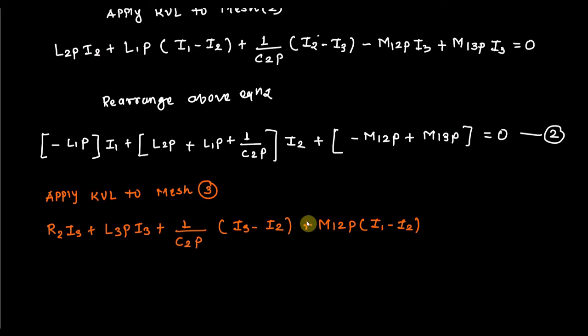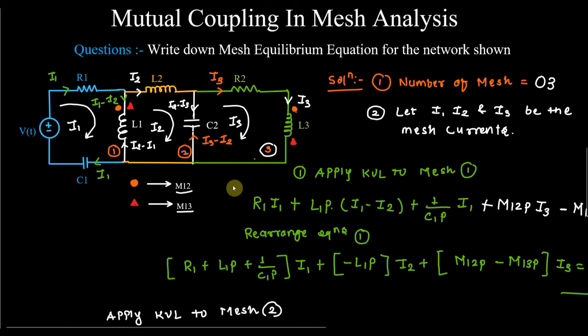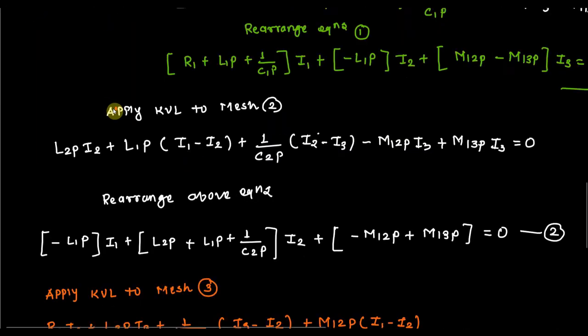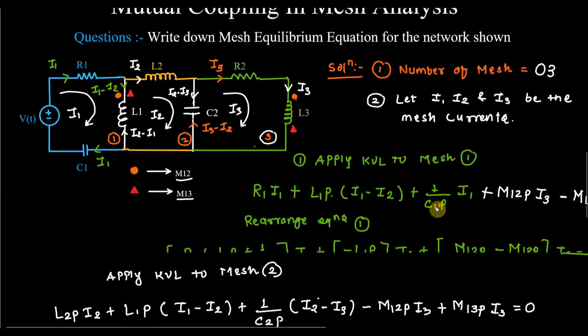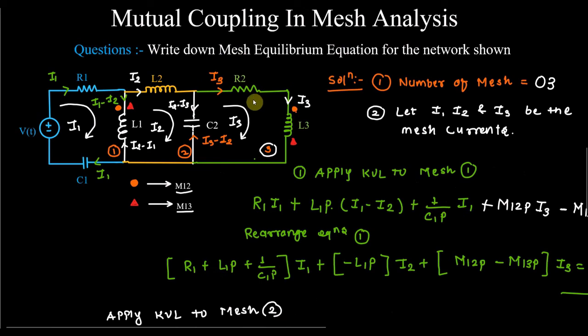Right? Now similarly we will write for the triangle. For the triangle the value is M13P. The current is the same, I1 minus I2. Now check positive or negative. Now here the current in the third mesh is leaving.